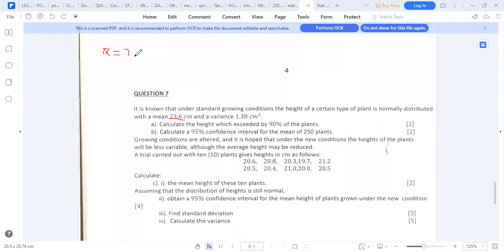What else are we given in that question? Our variance is what? 1.38. So how do we find the standard deviation? If that is the variance, you square root it. We square rooted, good. So what is our standard deviation?